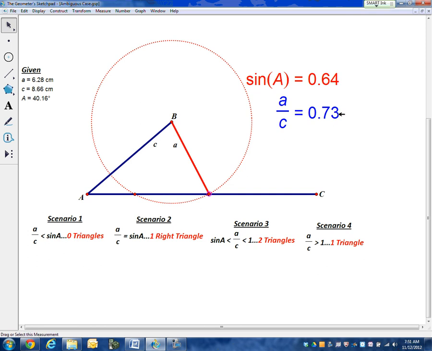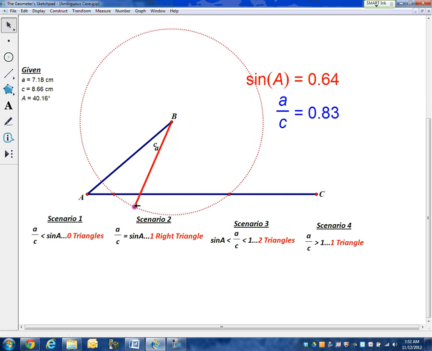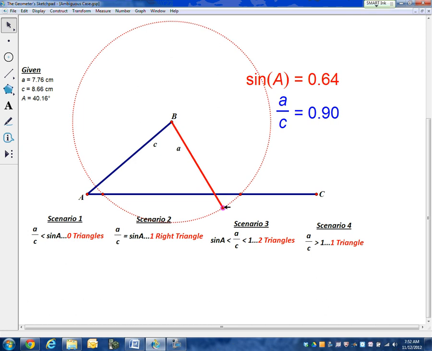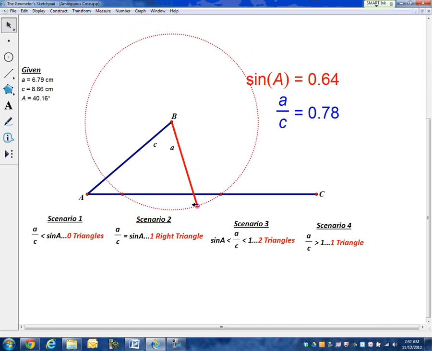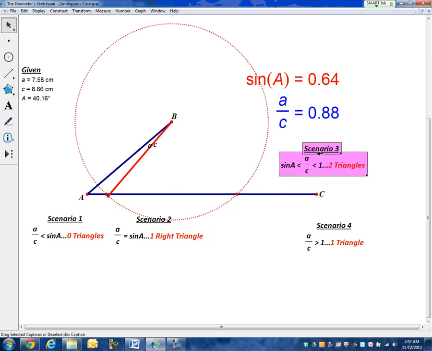Take a look at the ratio. Now my blue ratio of the legs has gone above the sine of the given angle. So as long as I'm just past the blue horizontal, I'm creating two. I can either connect on the outside or the inside. So that is scenario three, when the ratio of the legs is now larger than the sine of the given angle.